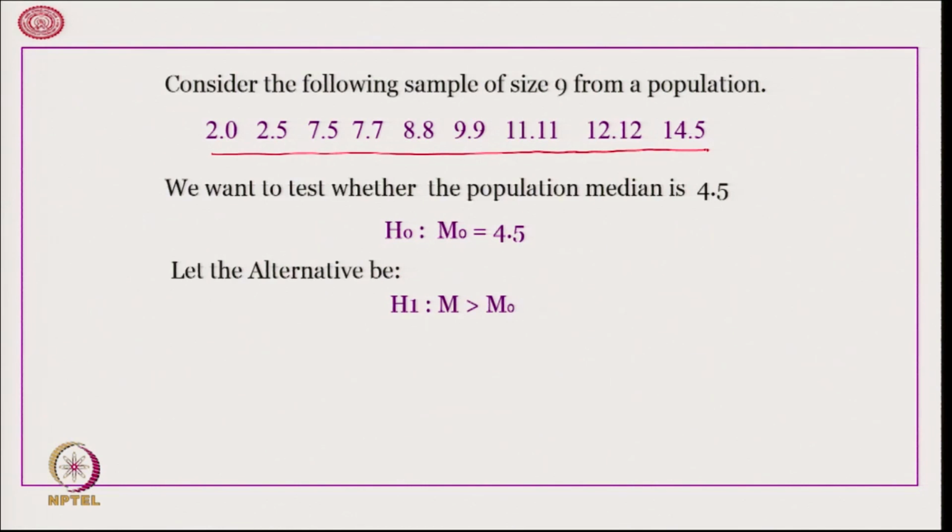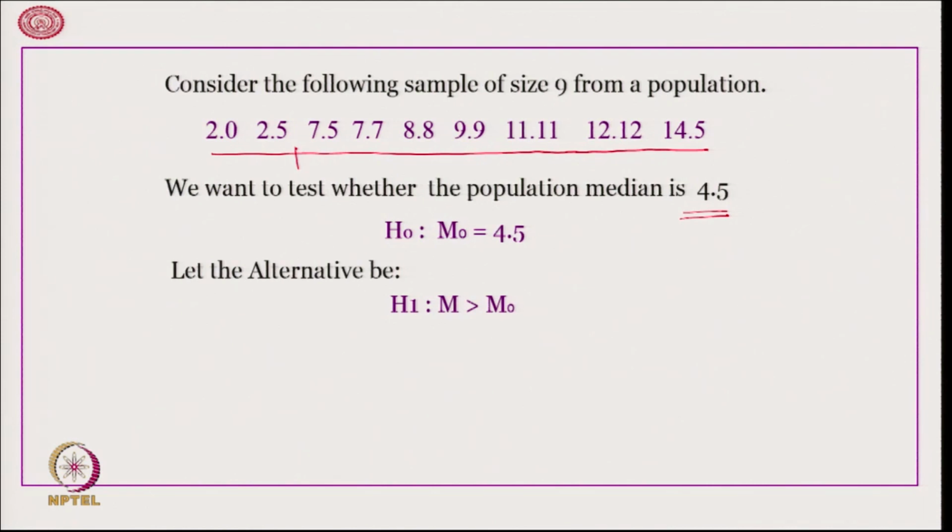That means we are trying to check if this data is good enough to support the claim that the data has come from a population whose median is 4.5. That is somewhere here. What is going to be the alternative?